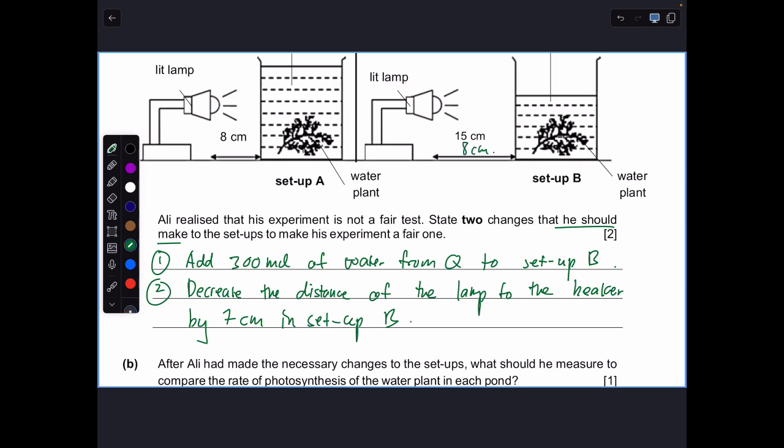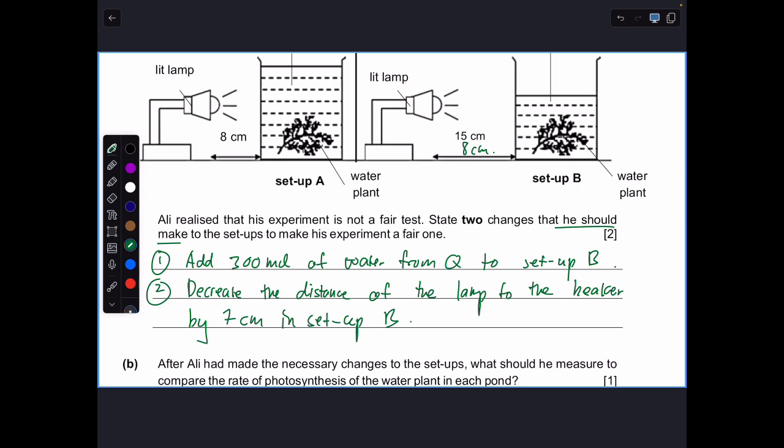So there are more general answers that we accepted. For example, make sure the volume of pond water in both setups is 500 ml. Make sure the distance from the lit lamp to the beaker is 8 cm or 15 cm. So we are very explicit like that.